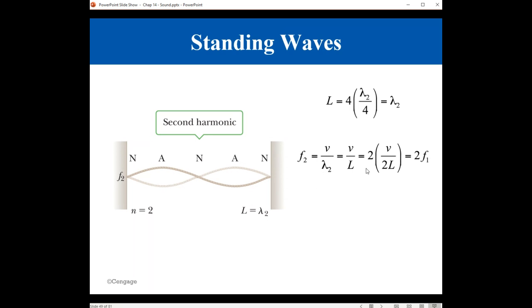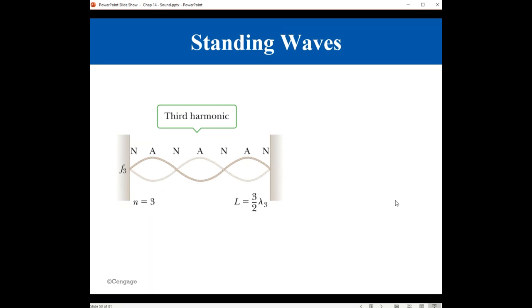And if you compare this to the fundamental frequency, this is twice as much as the fundamental frequency. Then the third harmonic, the length now is 1.5 lambda. We can calculate the frequency. It's 3 times as much as the fundamental frequency.